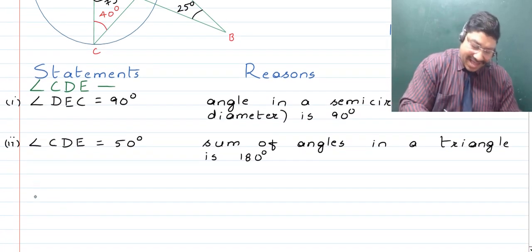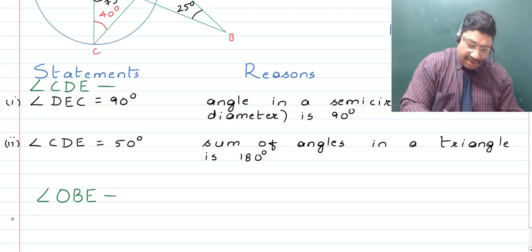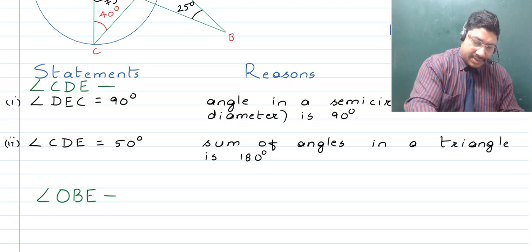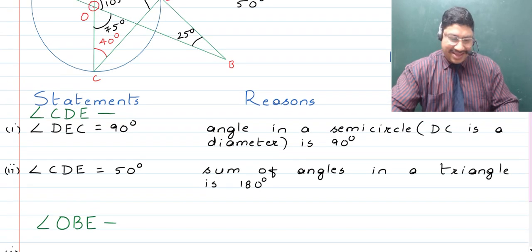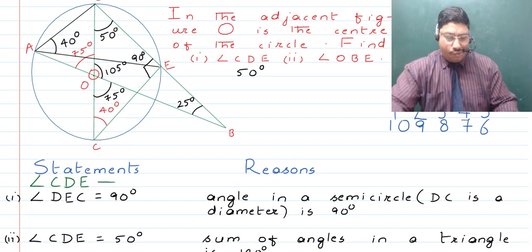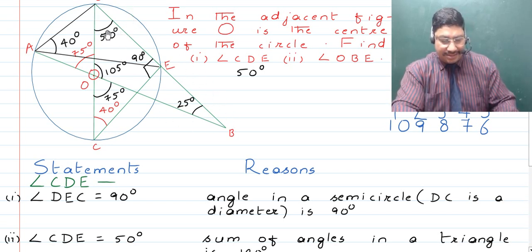So above here as a heading, you can write that you're talking about angle OBE. Okay, for it now, we'll write the first statement. That is, let's see what we've done first. Okay, so here for the angle OBE, you remember that is this. We talked about this to be a triangle, right? We had this angle to be 50.